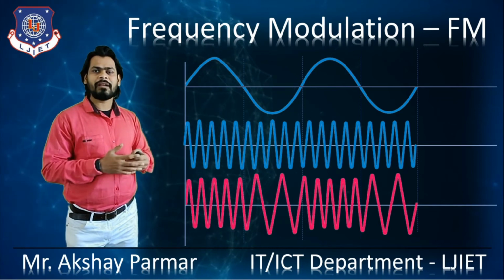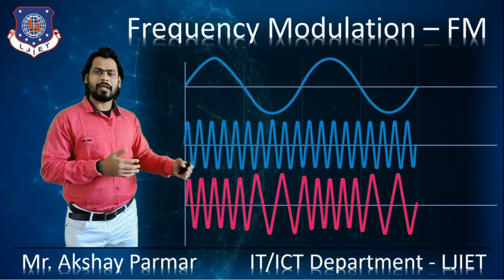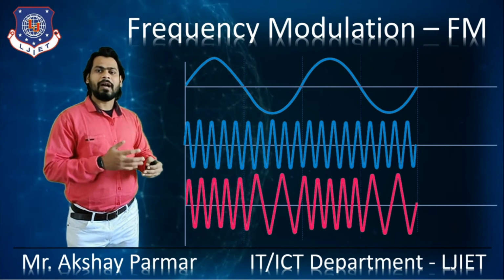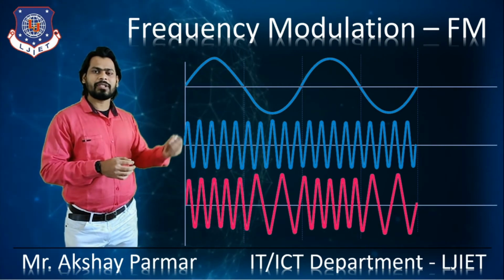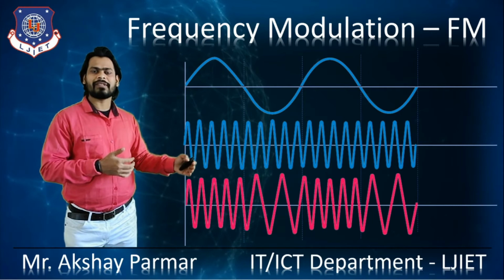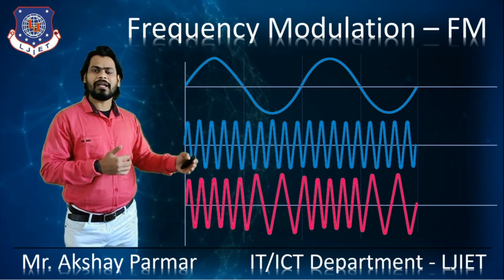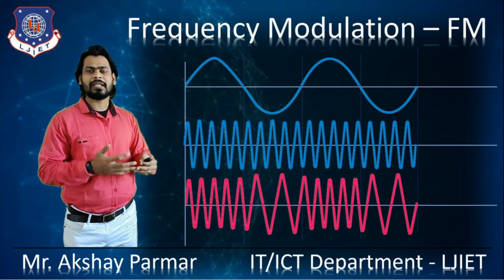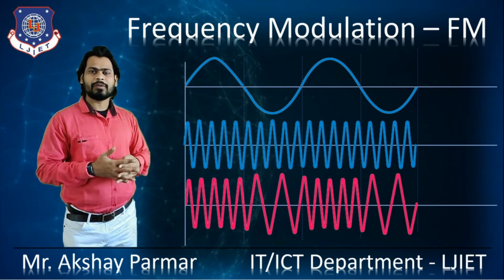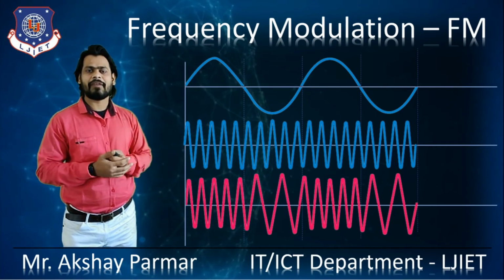Here you can observe that in the positive phase, the carrier frequency is high, whereas in the zero to negative portion the signal has a lower frequency. Whenever the signal is on the positive side, it has the higher frequency.